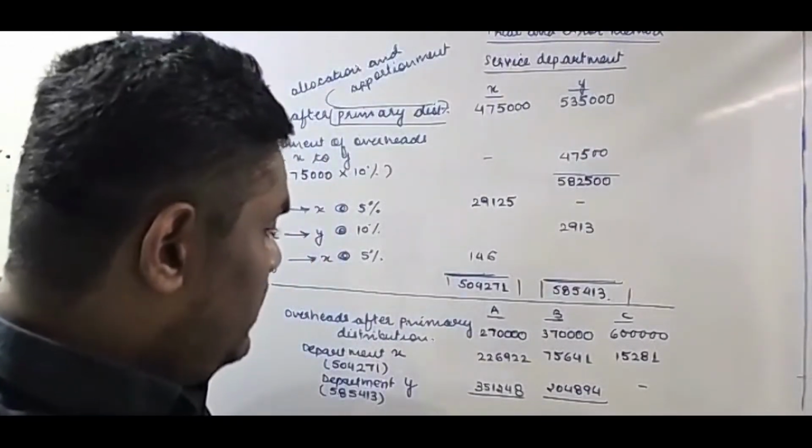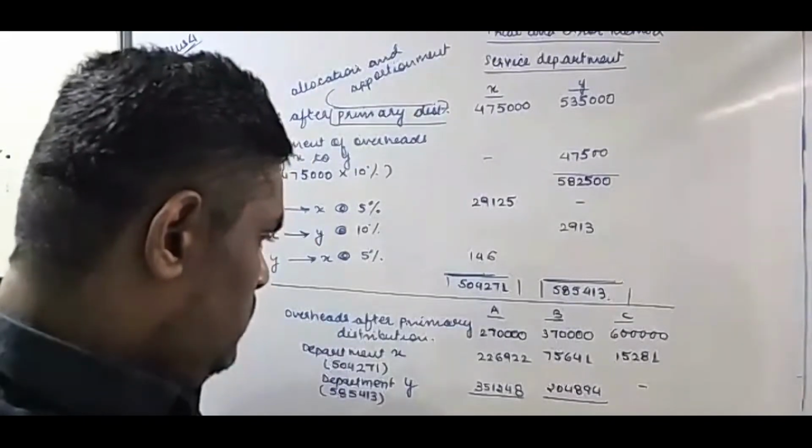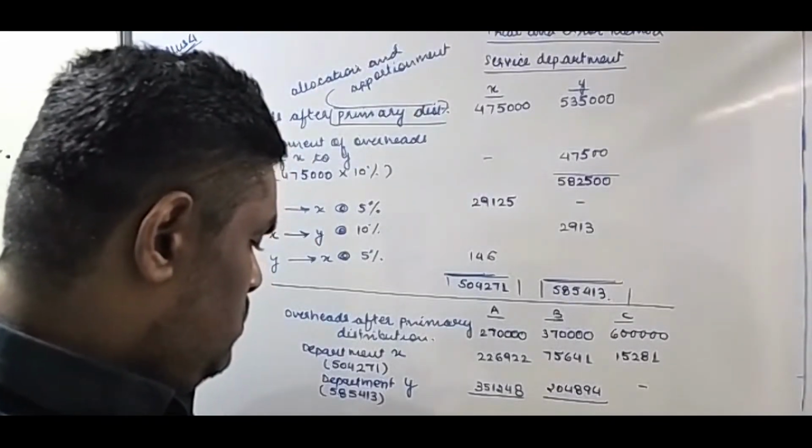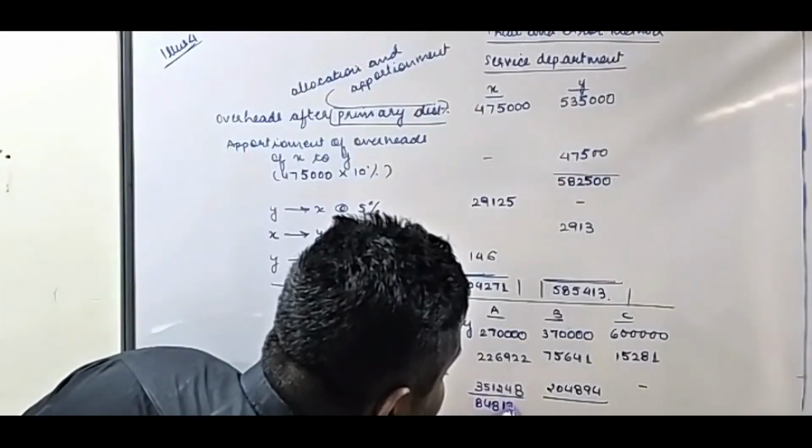So 2,70,000, 226,922. So this will be 848,170.